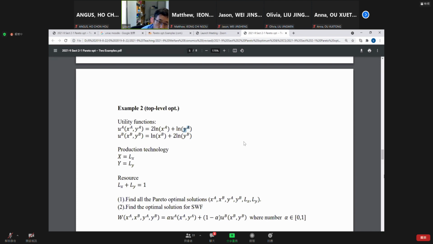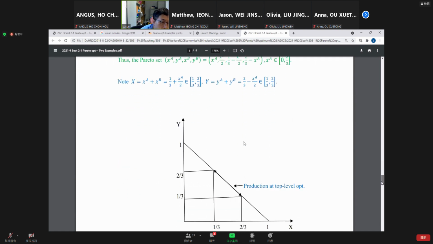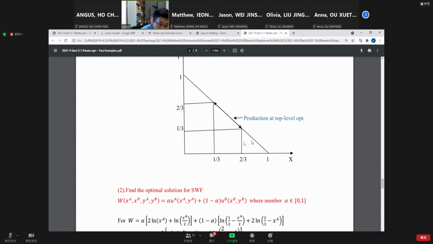So therefore, for the people, we can't organize the production here: a lot of water but no food, or a lot of food but no water. It's horrible. So that's why the top level optimal social production is running from this point to this point.